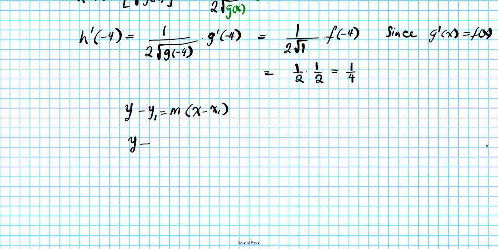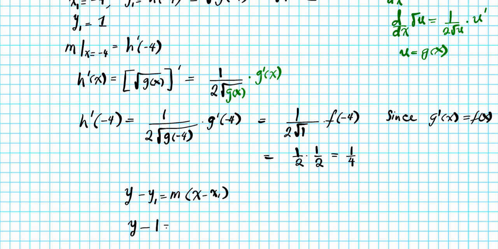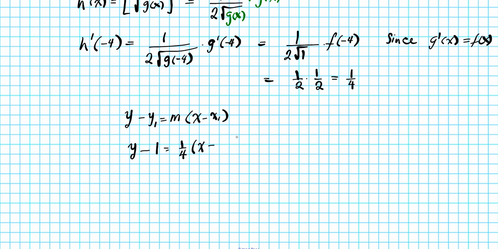Y minus y1, y1 was 1, equals the slope of 1/4 times x minus x1. x1 is -4, so if you multiply that with the minus, it becomes +4. If we distribute 1/4 to these two terms, we have 1/4 x plus 1. If you add this 1 to the other side, that gives us the equation y equals 1/4 x plus 2 as the equation of the tangent line.